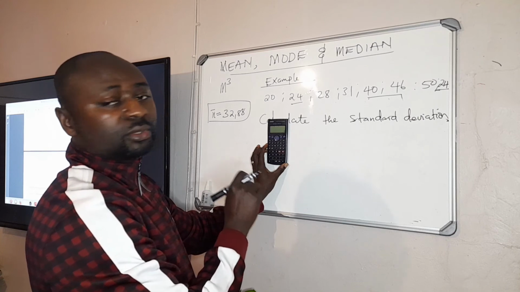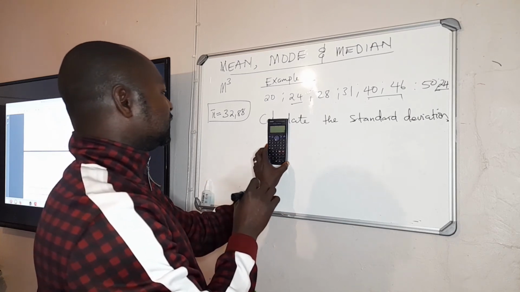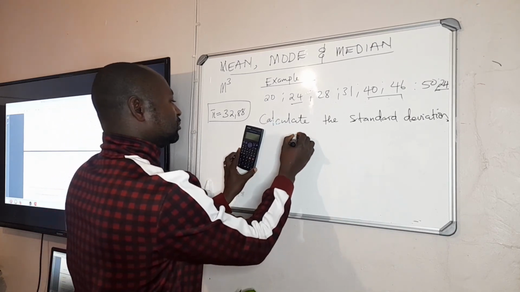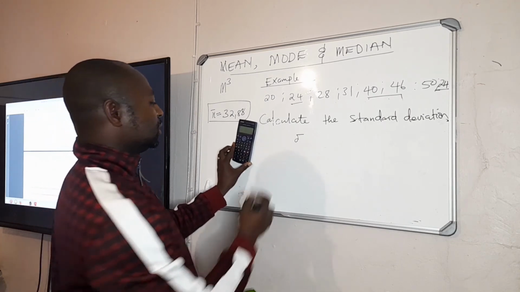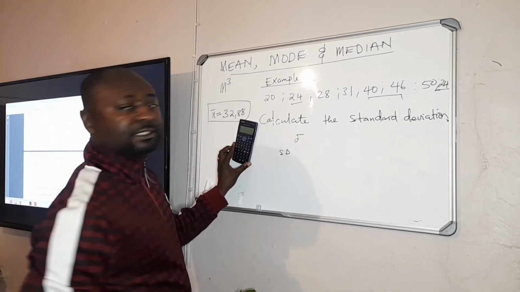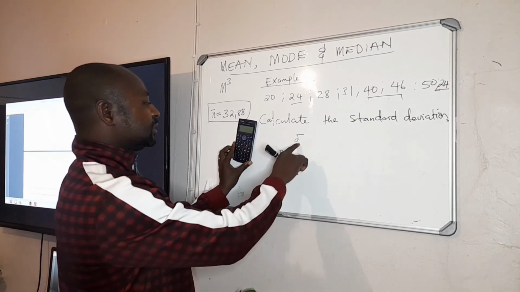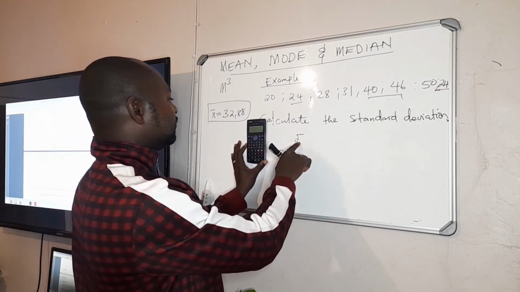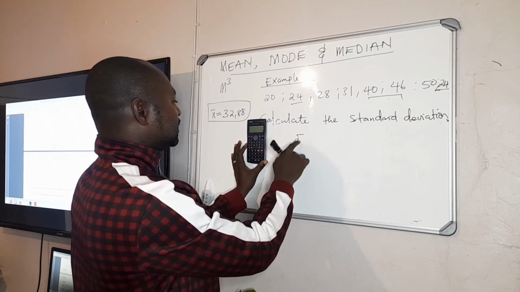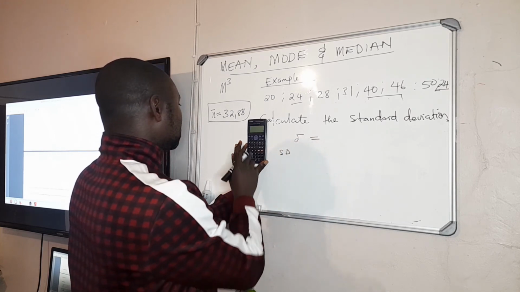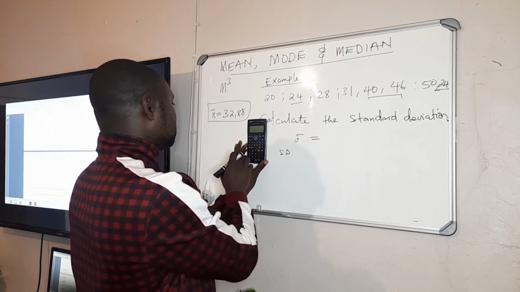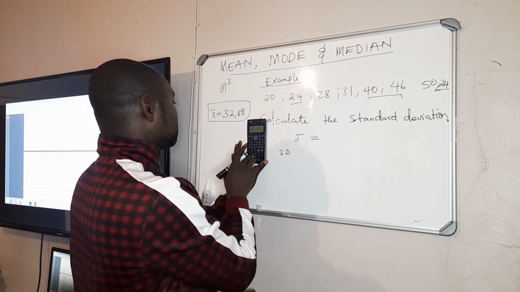So now we have to look for standard deviation. The deviation symbol is like this. This is what we call standard deviation. In some calculators, they have written SD. But if you see this symbol, it stands for standard deviation. So here, let's go. For our standard deviation, we press shift 1.